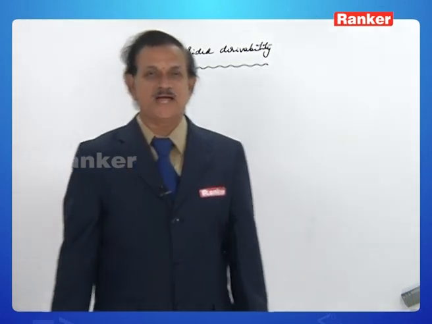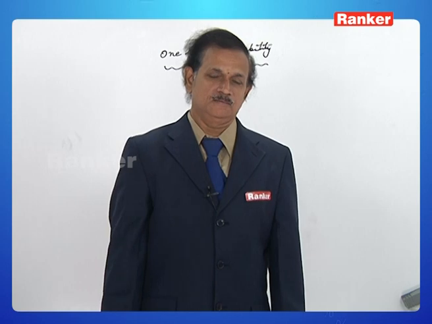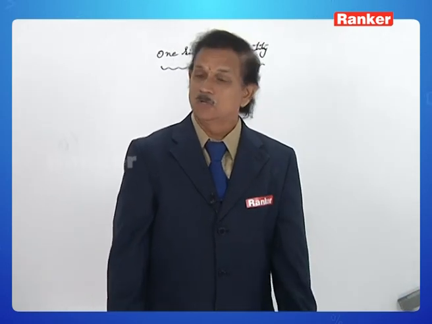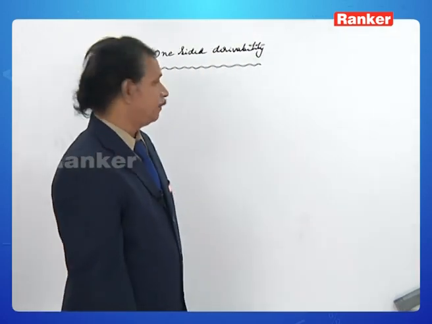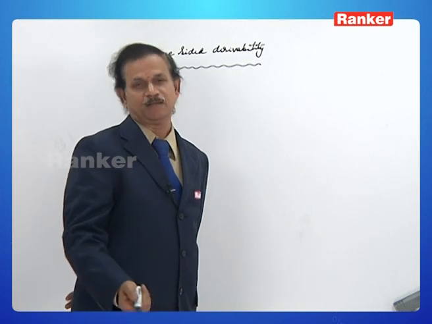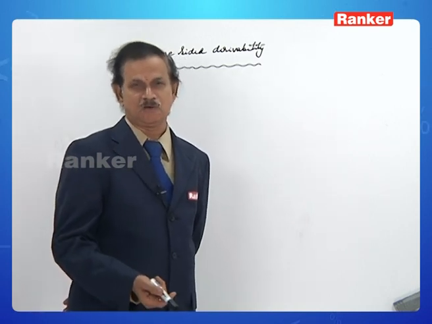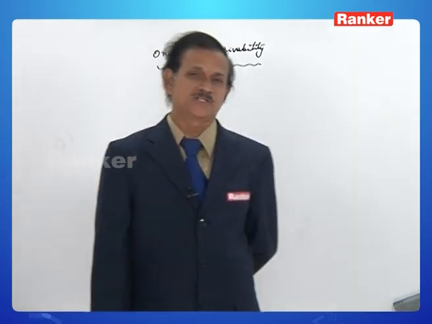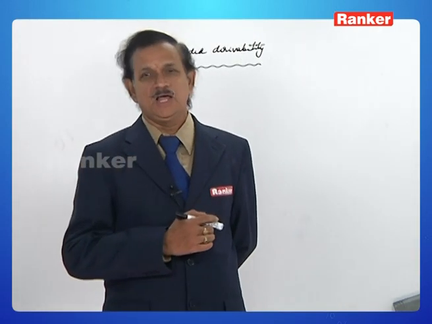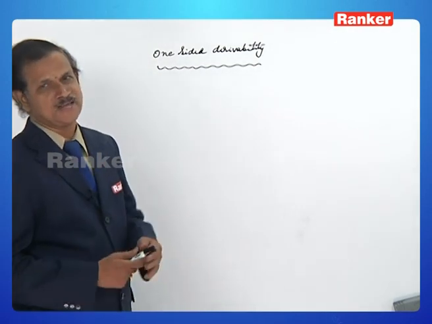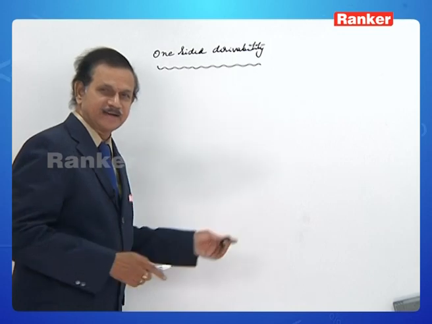Just like one-sided limits, we are to go through one-sided derivatives also. What are they? You see, basically a derivative is nothing but again a limit as h tends to 0 or limit as x tends to a. As it is a limit, it is generally provided with both a left hand limit and a right hand limit, and those limits are termed the left hand derivative and right hand derivative.